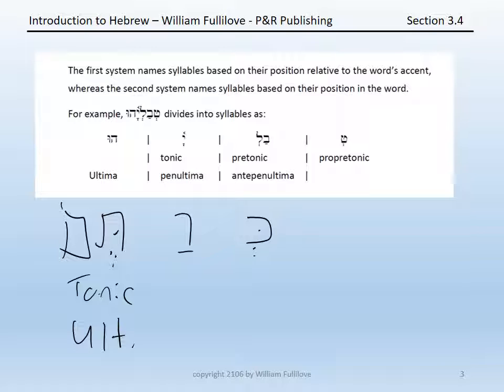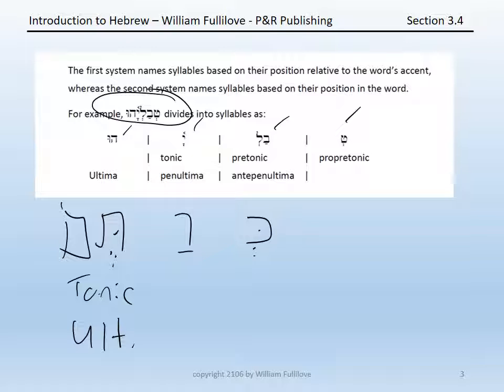However, if the stressed syllable is not the last syllable of the word, the systems will diverge in where the labels fall. For instance, the Hebrew tuval yahu is a word with four syllables. Tuval yahu.